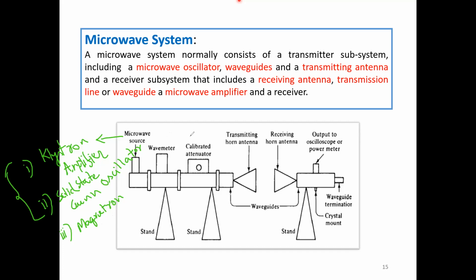And we have two kinds of attenuator: one is a fixed attenuator, another one is a variable attenuator.